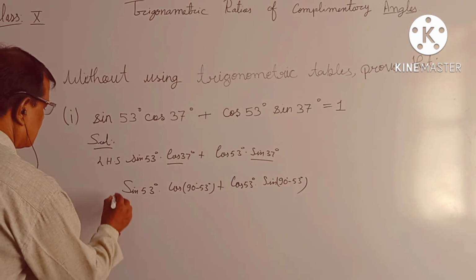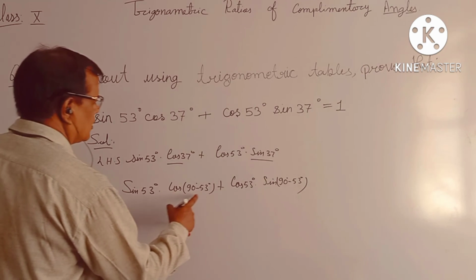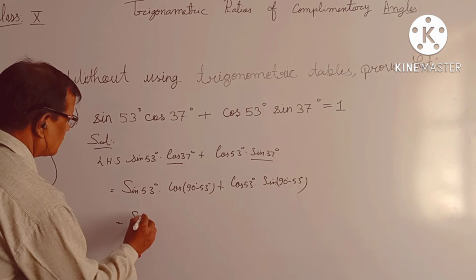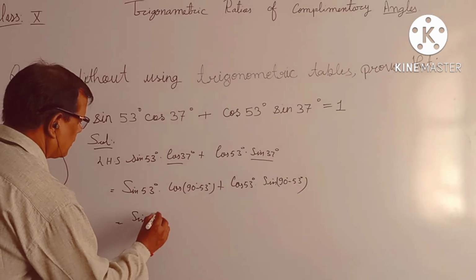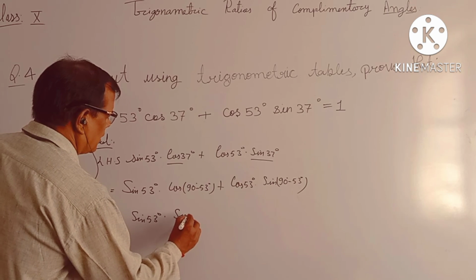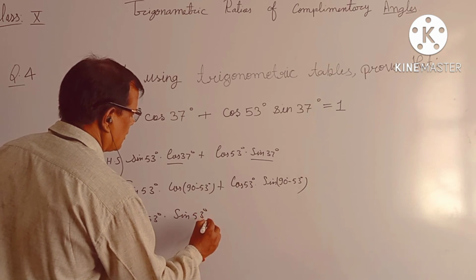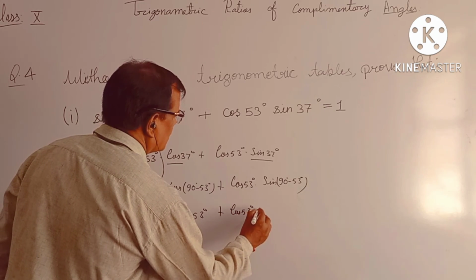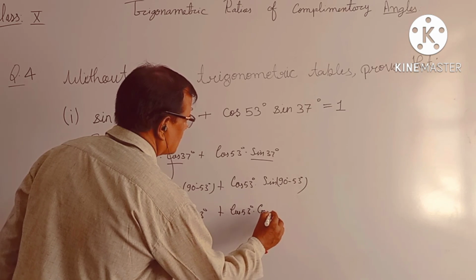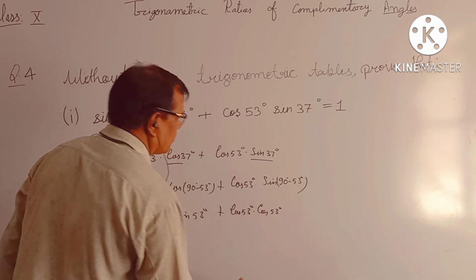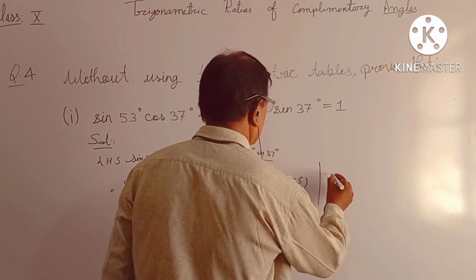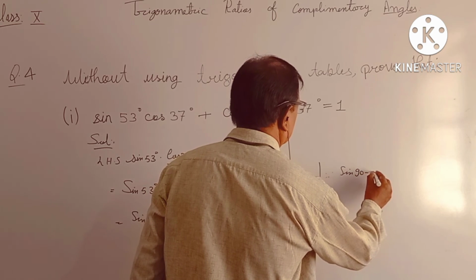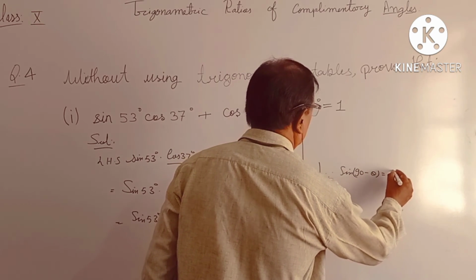Now we convert using cos 90 minus theta equals sin theta. So sin 53 into sin 53 degree. Here also cos 53 degree into cos 53 degree, because we can write sin 90 minus theta equals cos theta.